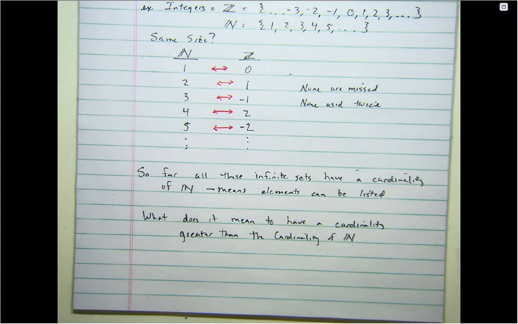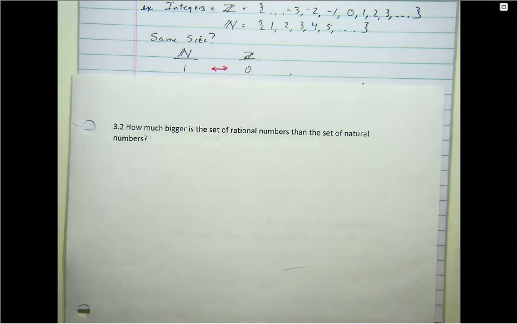Let's look at the one the author suggested at the beginning. How much bigger is the set of rational numbers than the set of natural numbers? So that's another suggestion. Remember, the rational numbers are the numbers that can be written as fractions, and we could find another fraction between any two rational numbers.